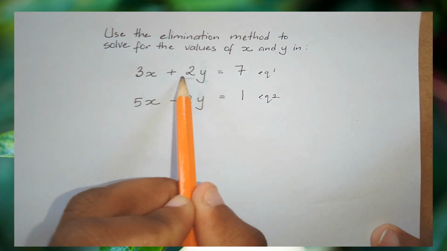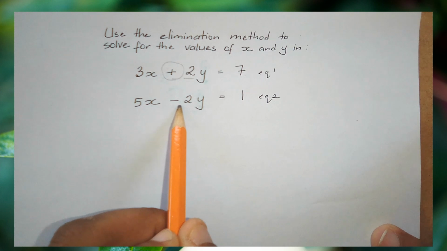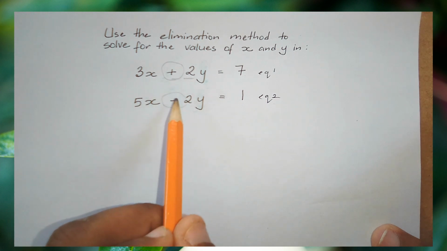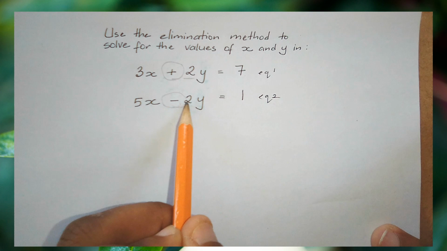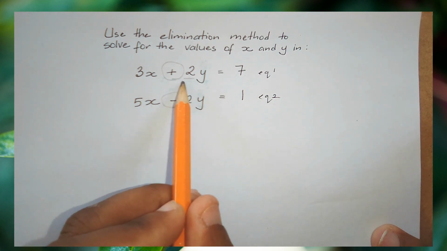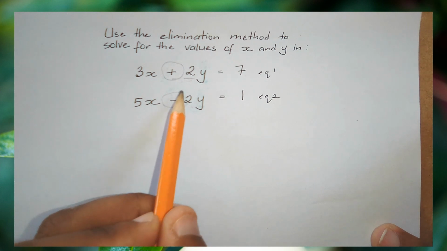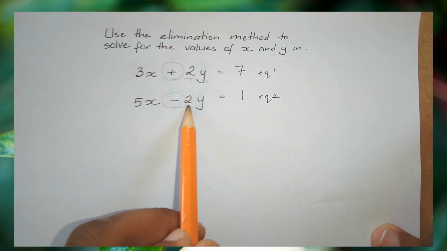The sign on this 2 is positive, but this 2, the sign on it is negative. So the rule says once you have opposite signs, you're going to add, but if the signs were the same on the coefficients, then you're going to subtract. So seeing that this is a positive 2 and this is a negative 2, then we're just going to add them.